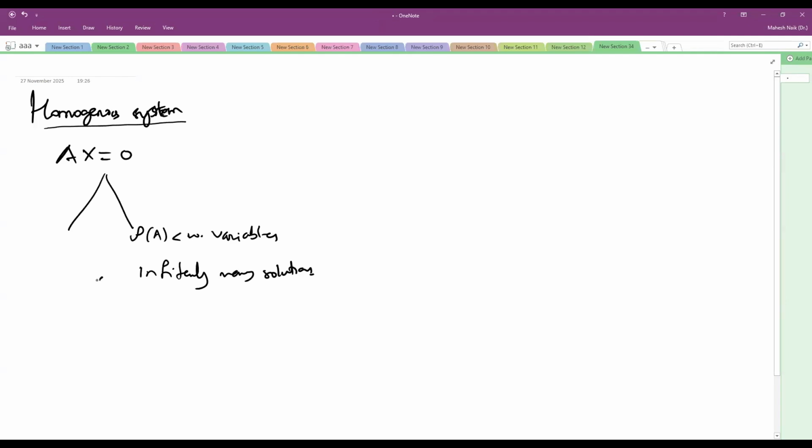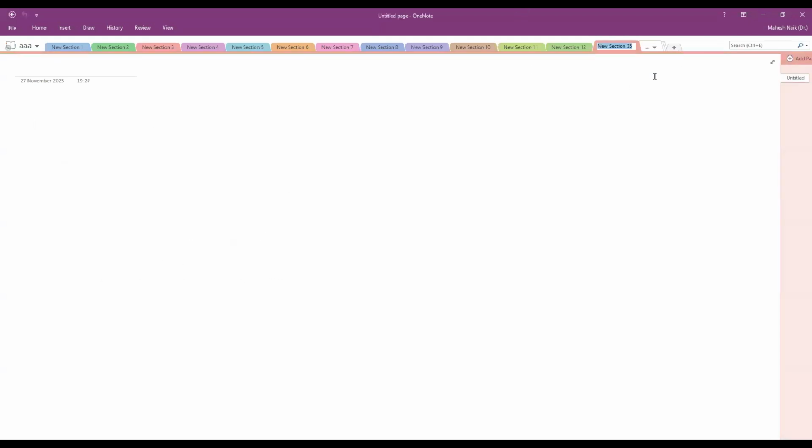So looking at all of this, let's define some additional things with respect to the system. That is, let us talk about row space and column space. So what will be the row space?